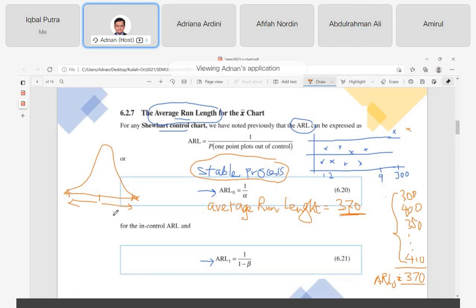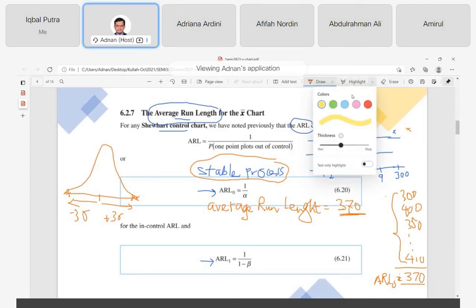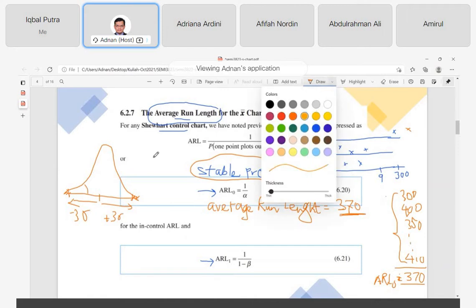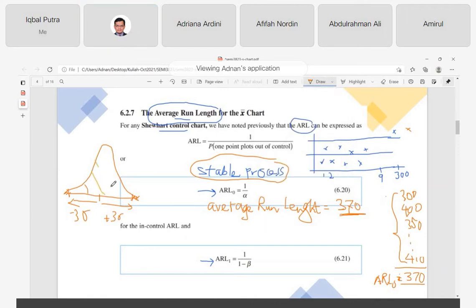So you have 3 sigma here, plus, and we are referring to the center here, so minus 3 sigma. The area under the curve of this normal distribution, this area, will be 99.73.